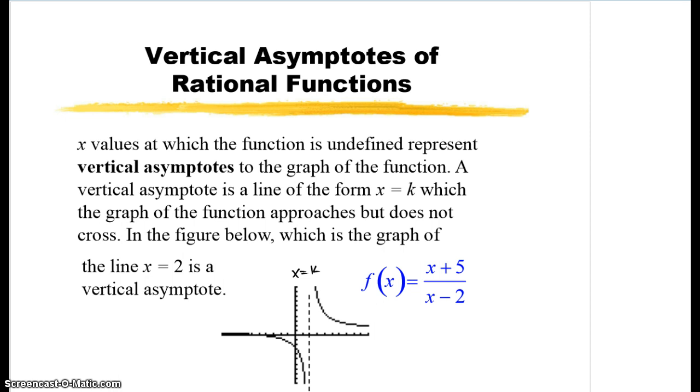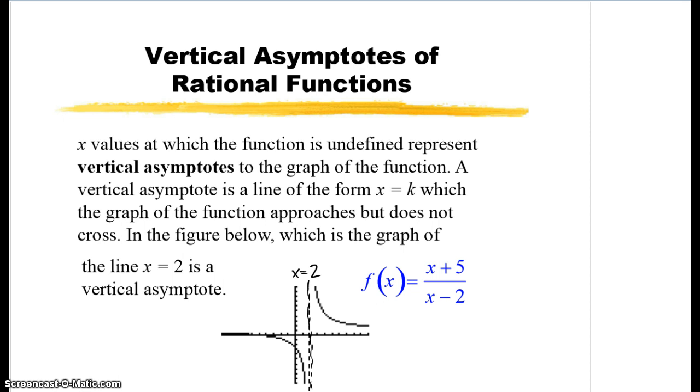Notice in this example, the line x equals 2, so k is 2 in this case, is a vertical asymptote. This vertical line, x equal to 2, is a vertical asymptote because the value of x equal to 2 makes the function undefined. So that's what gives us the vertical asymptote.